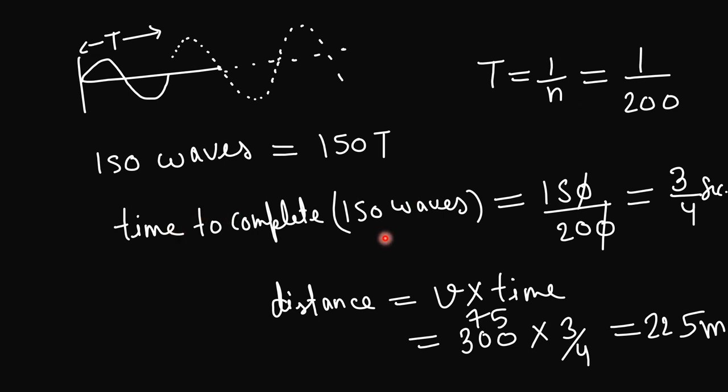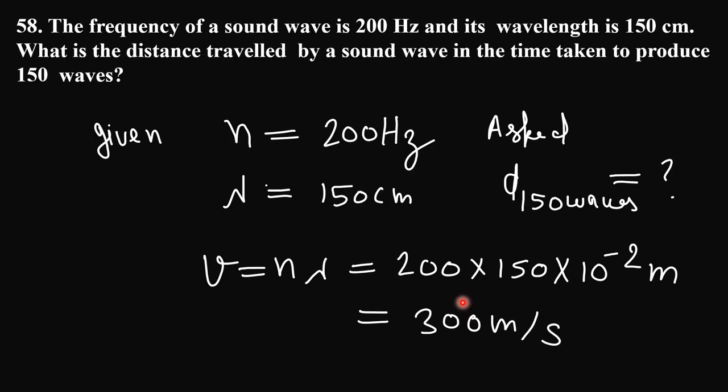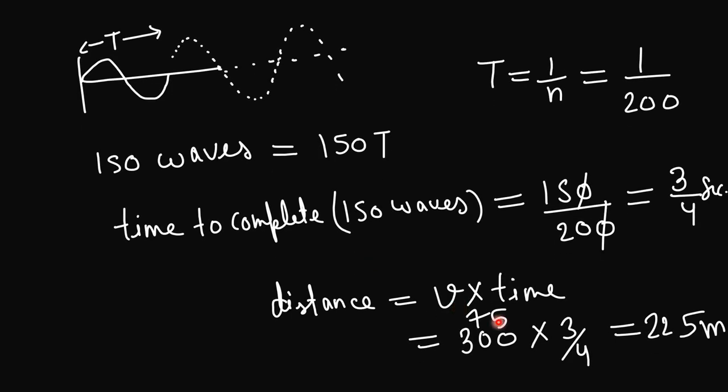So time to complete 150 waves is equal to 150 by 200, that is 3 by 4 seconds, and distance is equal to velocity into time. Velocity we have calculated using the formula v is equal to n lambda. So we will put that value over here, and into time 3 by 4, we will get 225 meter.